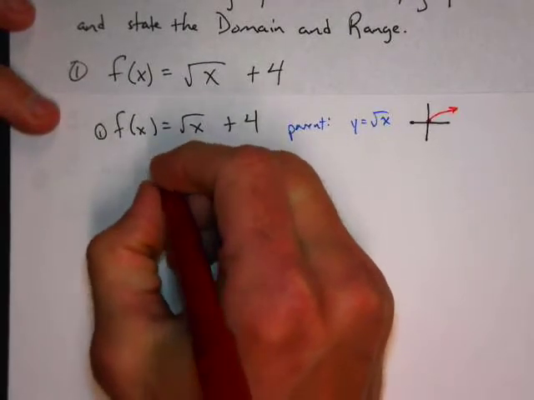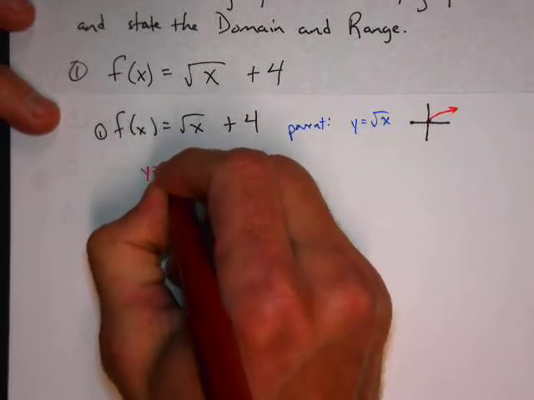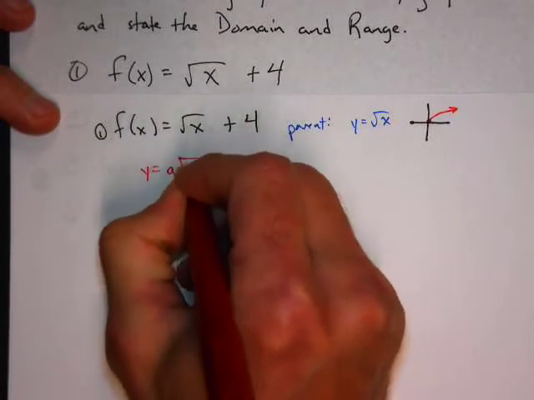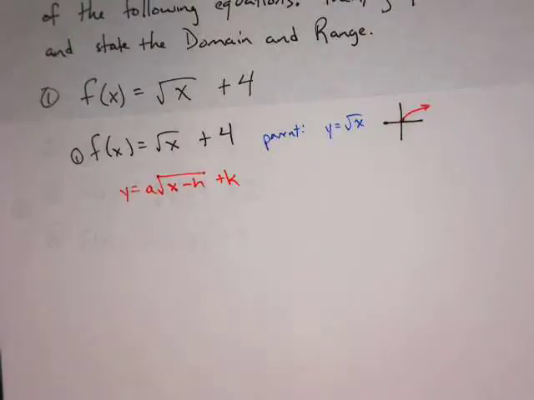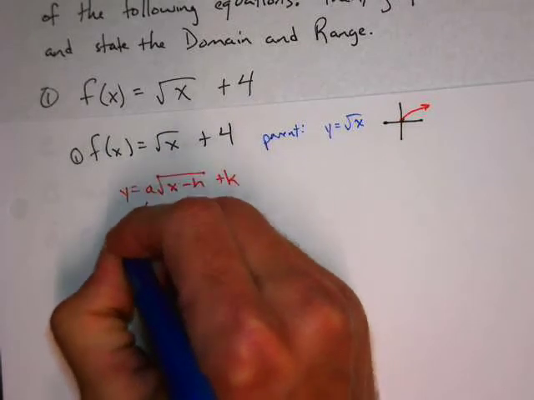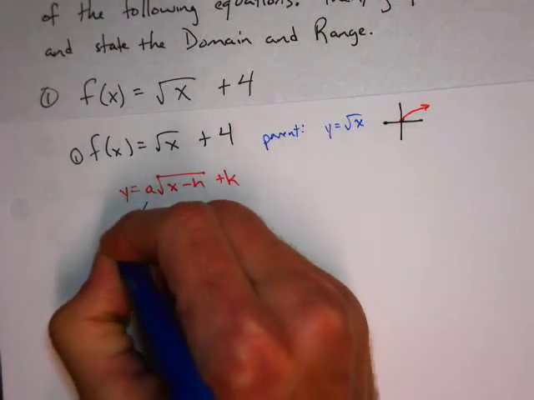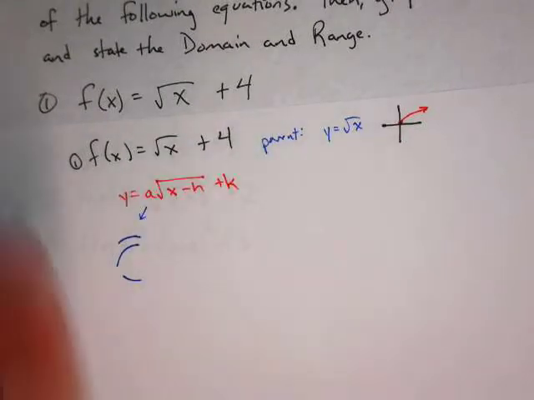Well, with translations, in this case, we would have a times x minus h plus k, right? And a would deal with making it smaller or making it steeper, or if it's up or down. Okay, that's what a would affect.